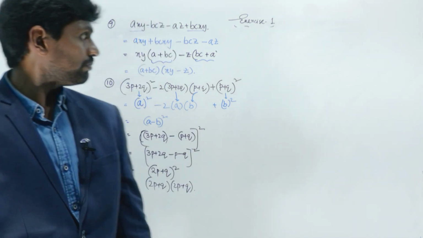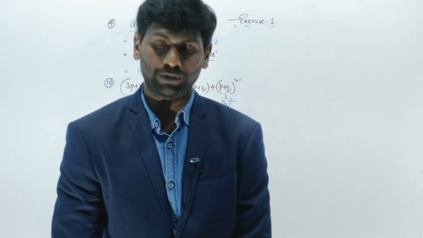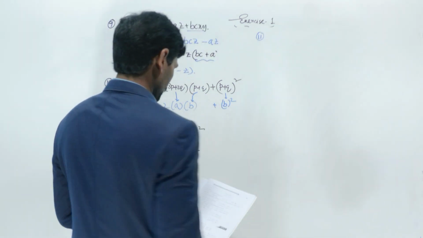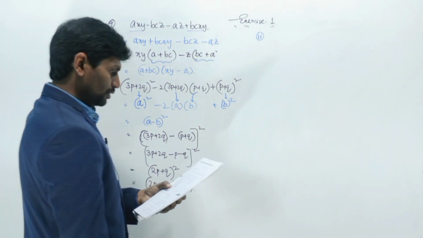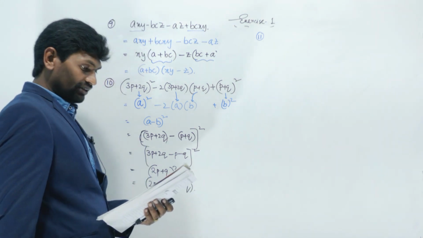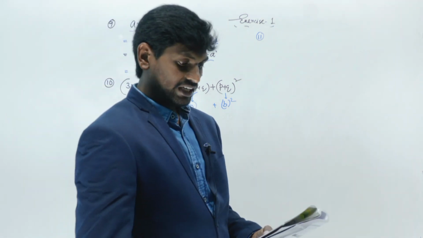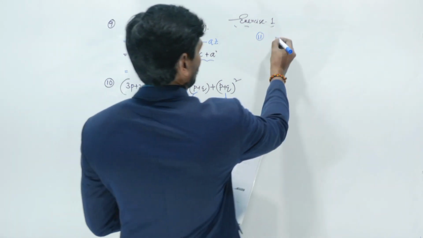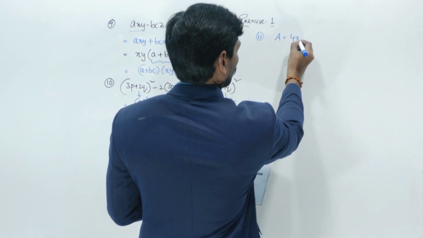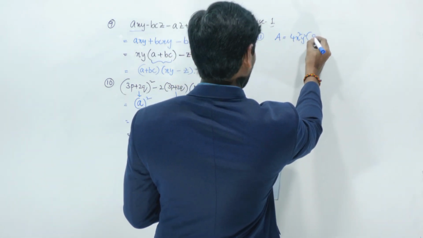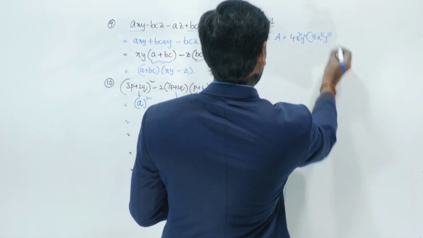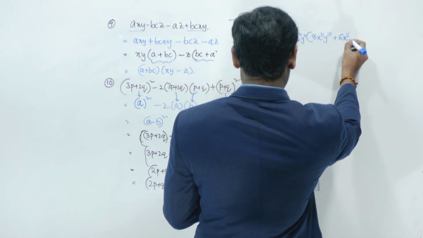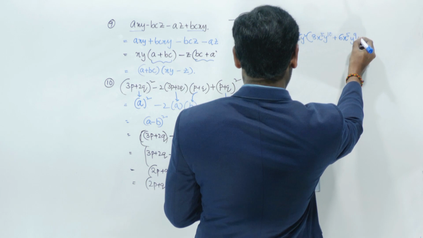Now we'll go to problem number 11. The A value and B value are given separately, then we need to identify the factors of A plus 36x square y square plus B minus 26x square y square. Okay, let us see. A value is 4x square y square into 8x power 5 y power 10 plus 6x power 5 y power 9 plus 1.